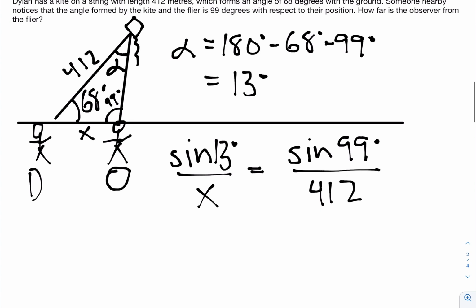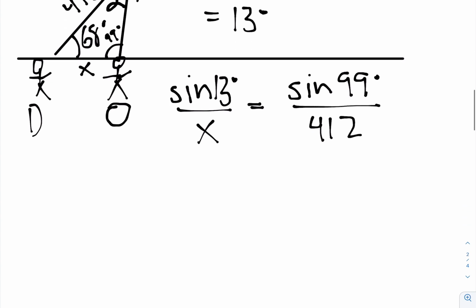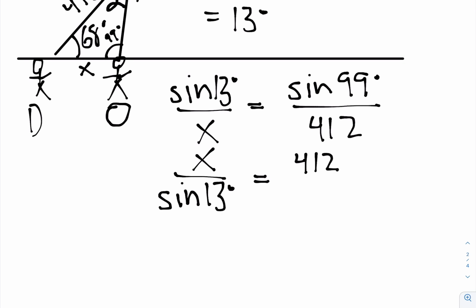Okay, so just to make this equation a bit easier to solve, see how this x and the variables are on the bottom? We would have to do cross multiplication and kind of do an extra step if we left it the way it is. So let's just flip both sides. Right, so we can flip both sides, take the reciprocal, it's called. So x over sine 13 is going to be equal to 412 over sine 99.